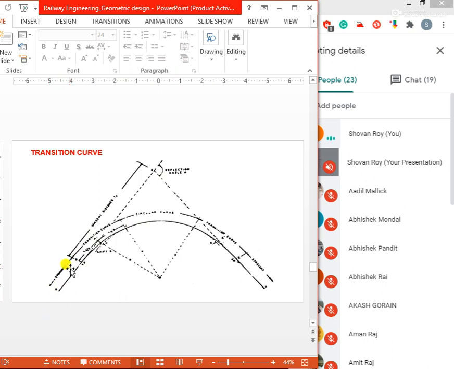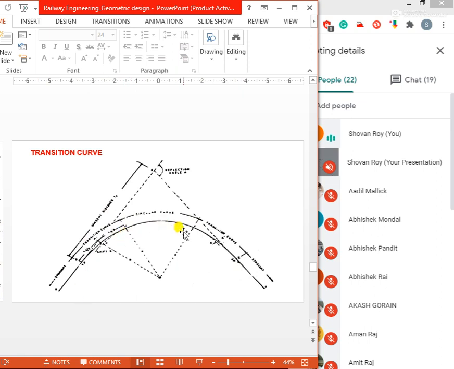This is our railway track, and through this straight line the train or vehicle is coming, and suddenly the train has to take a turn, facing a curve section, a circular curve, from the straight portion.